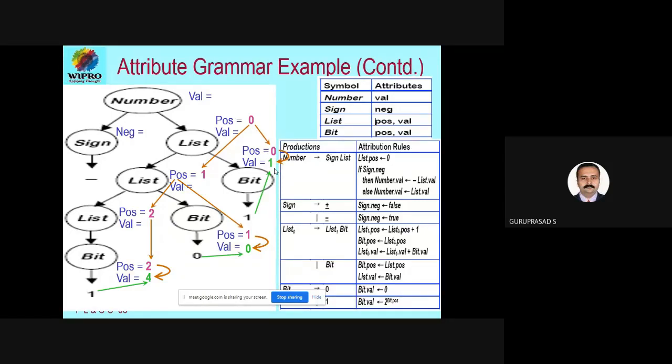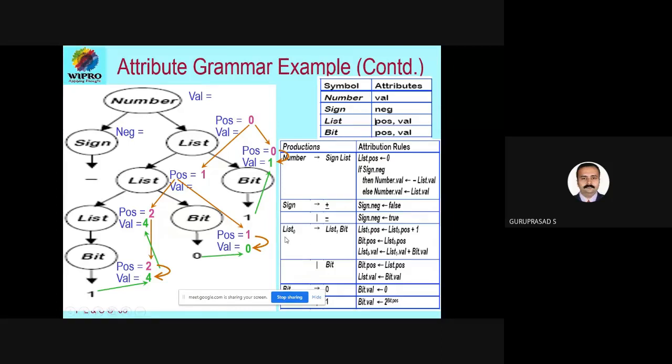We go now from child towards the parent. Observe now, child towards the parent. Because list is producing bit, and we have computed the most significant bit's bit dot val as 4 according to the semantic rules, its immediate parent list dot val becomes 4.